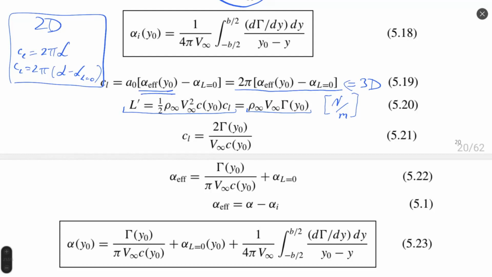Also, we introduce here, instead of induced angle of attack, equation 5.18, which we can see over here, the definition of induced angle of attack, and we obtain equation 5.23, which gives us a relation defining geometrical angle of attack as a sum of 3 components: effective angle of attack, induced angle of attack, and angle of attack at zero lift.